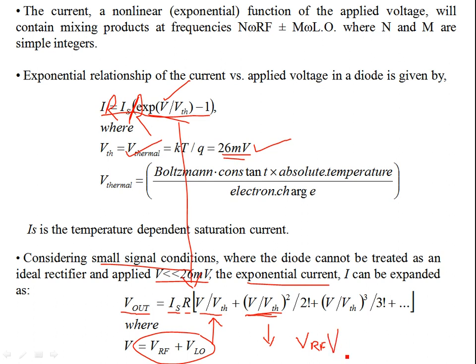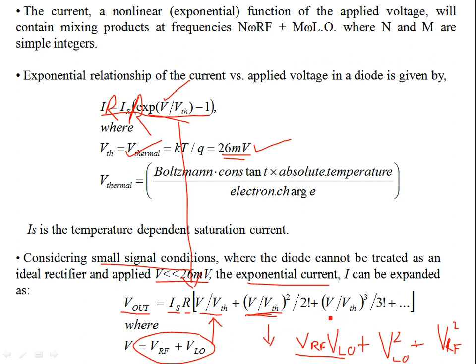So you have VRF times VLO, and then you will have the squares of the terms, for example VLO squared, and then VRF squared. Now the first term in this expansion gives you the sidebands, the double sidebands, around the local oscillator frequency.